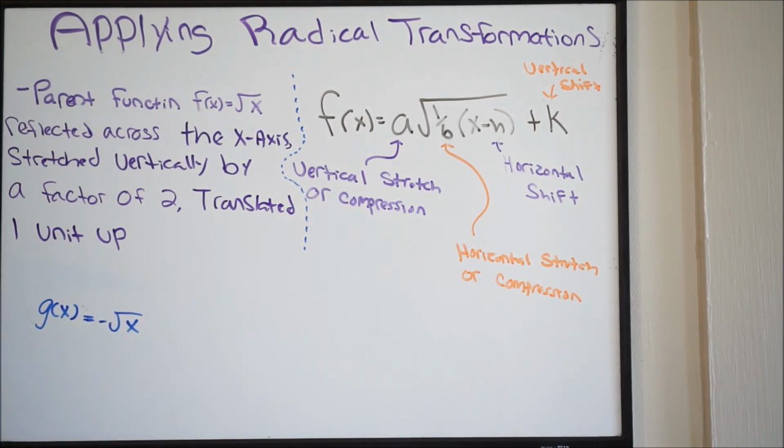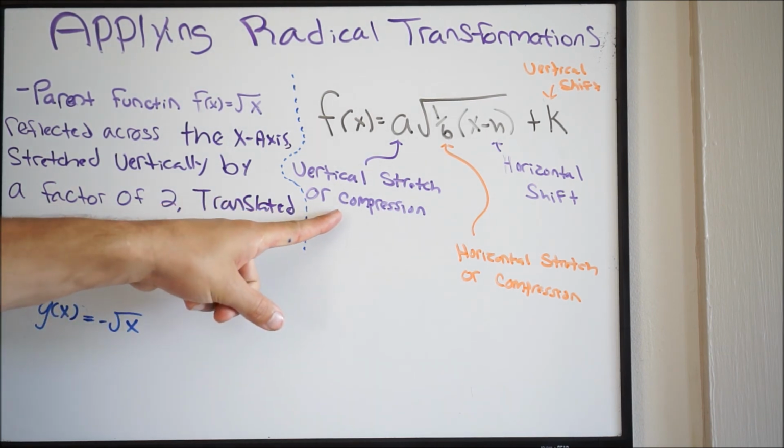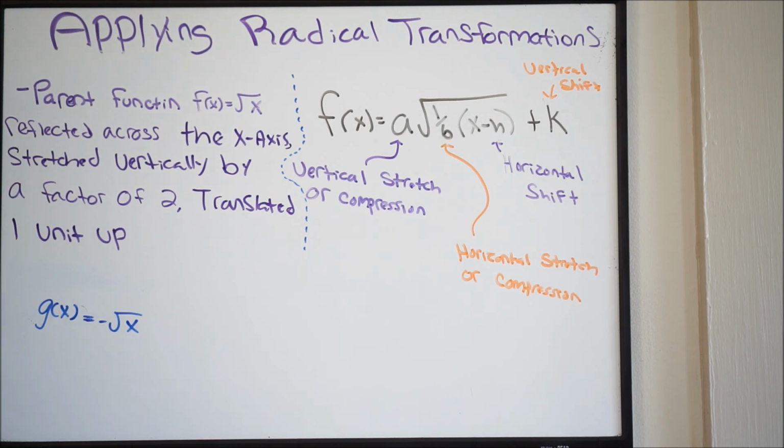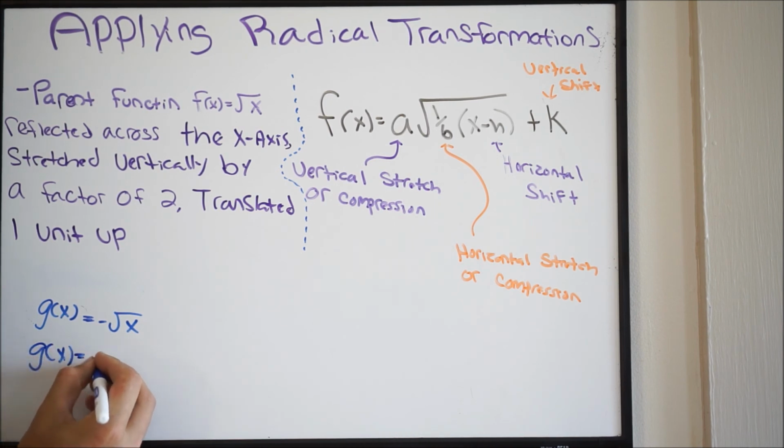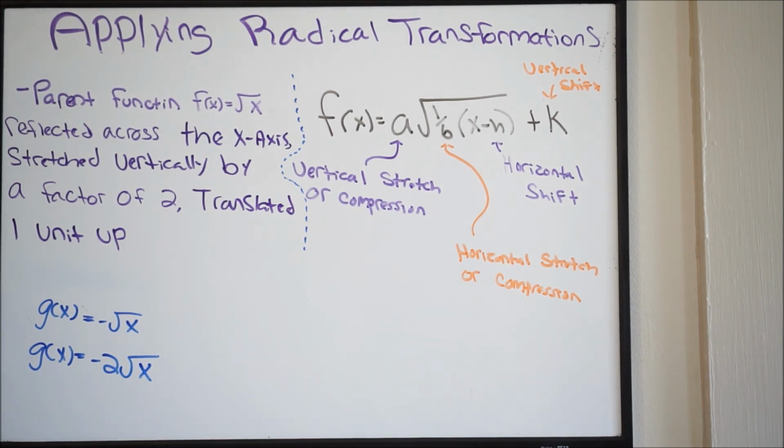Next one, stretched vertically by a factor of 2. So we're talking about a vertical stretch, so that's going to be our A value, and they're telling you by a factor of 2. So we're just going to put a 2 there, so we'll have g of x equals negative 2 square root of x. And then the last one says translated 1 unit up. So this is going to be a vertical shift.